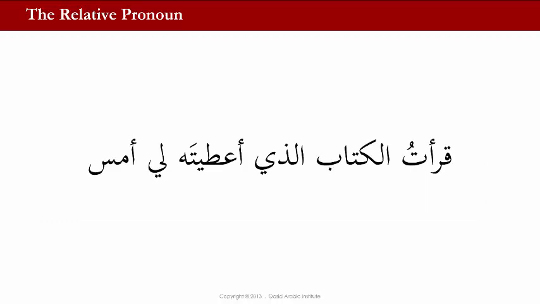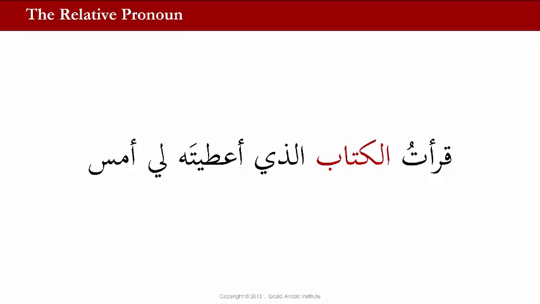Here's an example, though, in which we do need to use the relative pronoun. قرأت الكتاب الذي أعطيته لي أمس. Here, الكتاب is definite. Al-kitab, the book. I read the book.